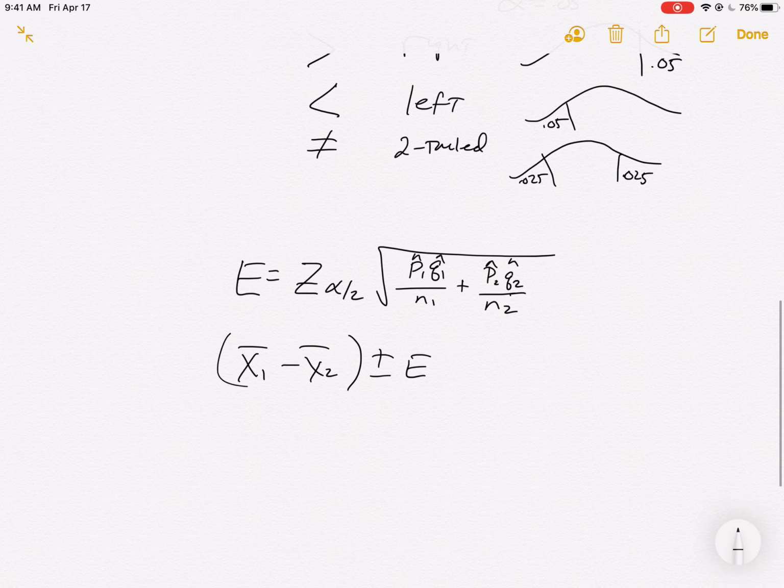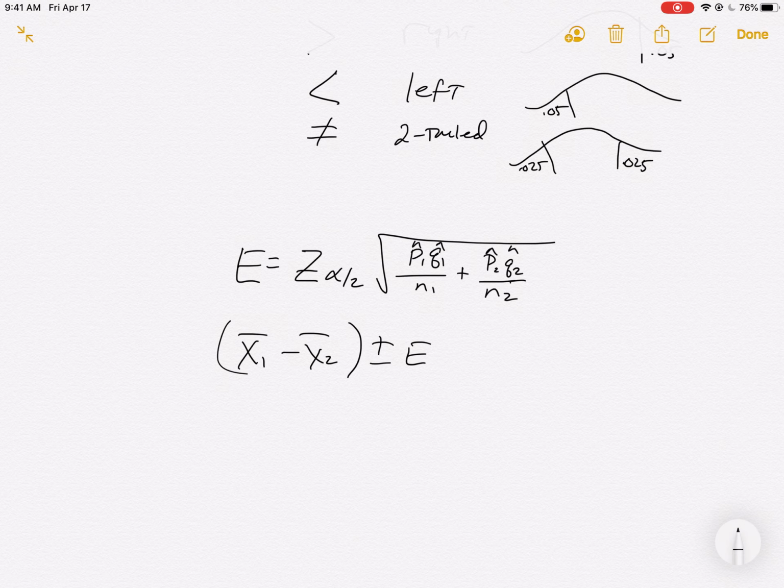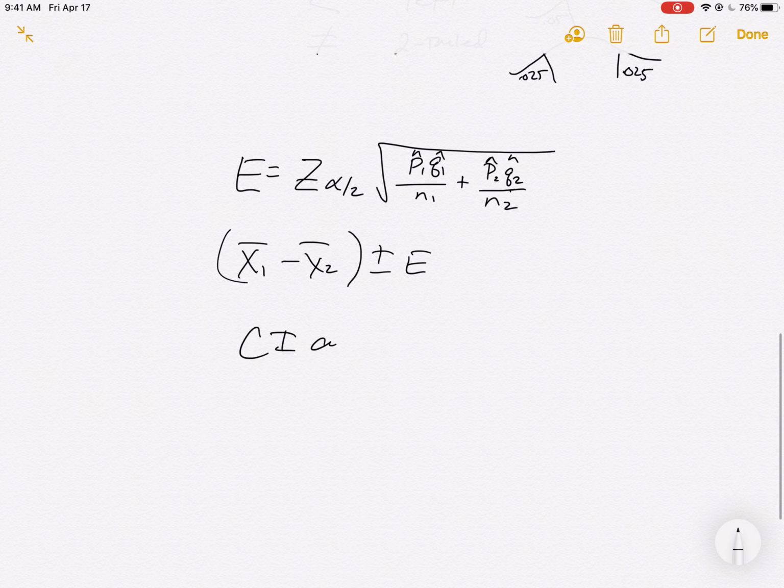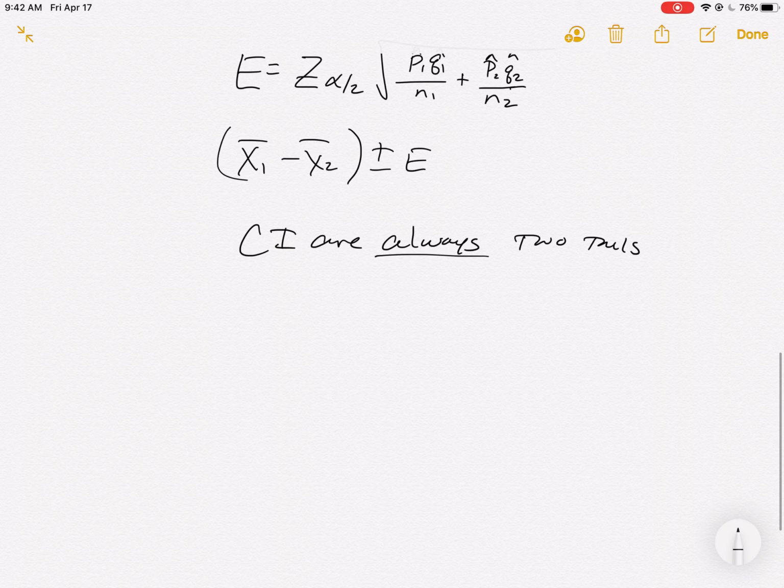So one of the crazy things is that this confidence interval needs to be appropriate to the hypothesis test. Remember that confidence intervals are always two tails. So if you had, let's just play a what if game.